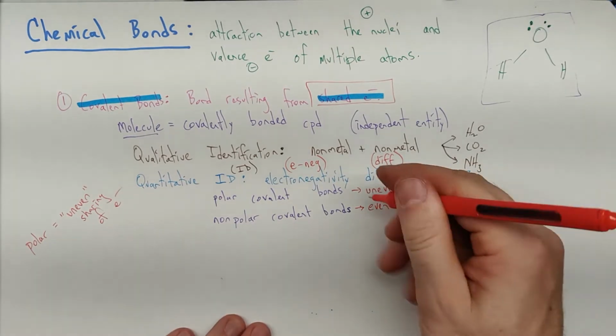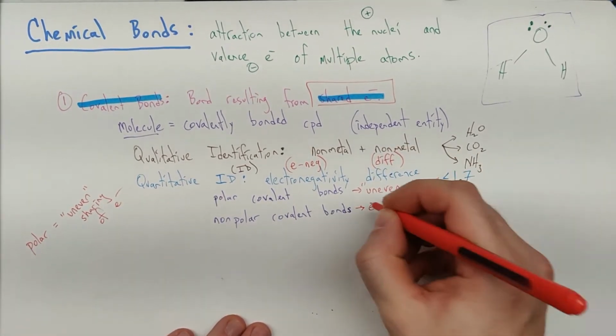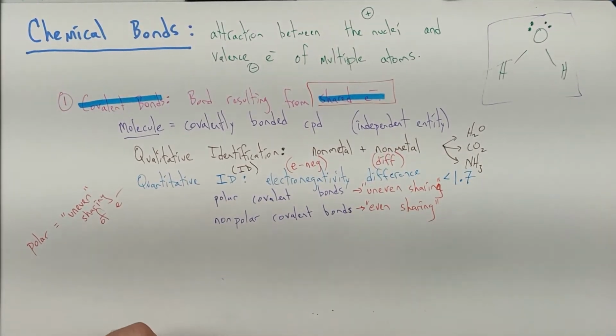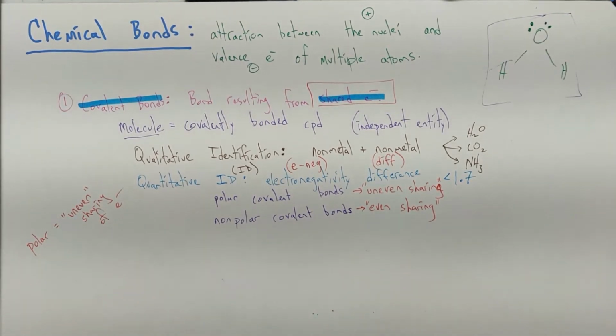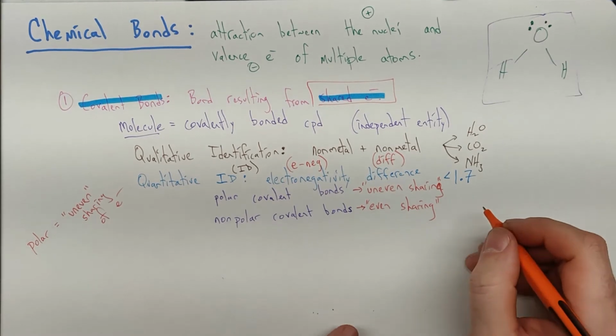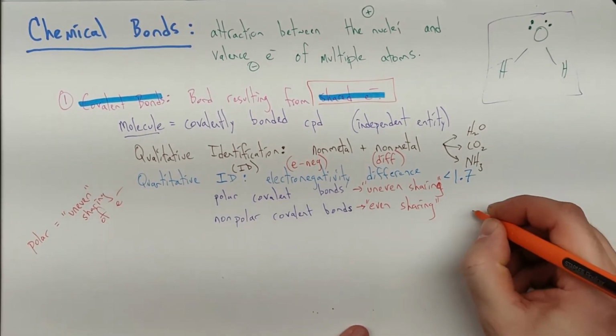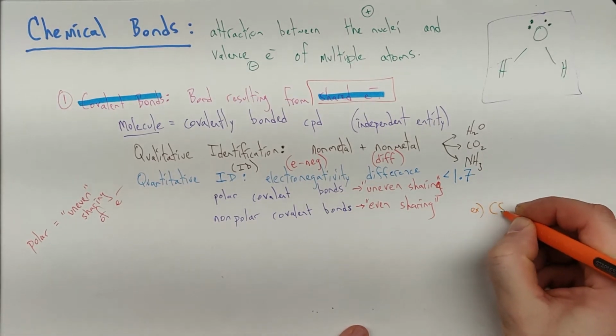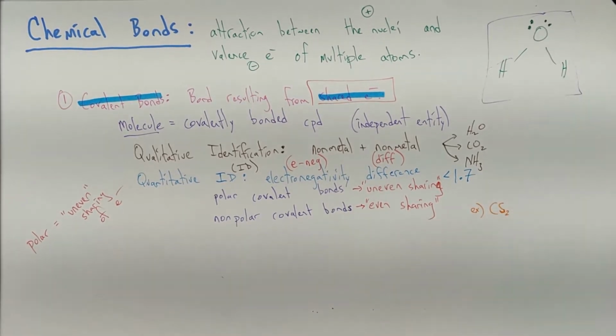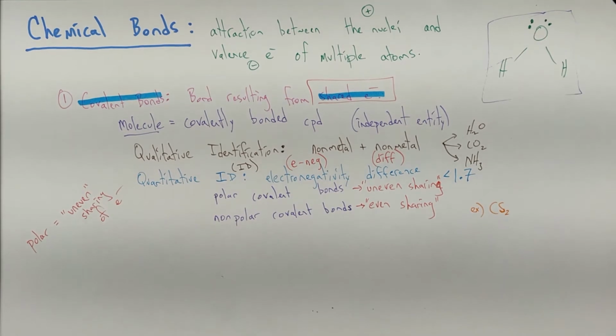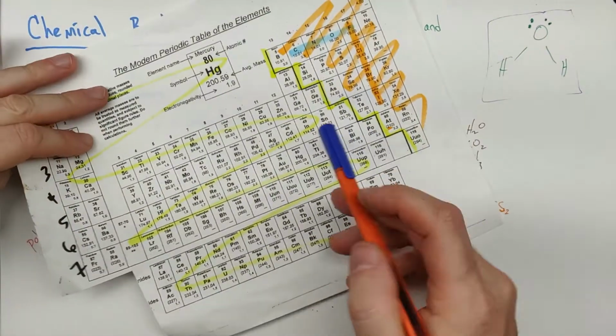All right, and this bond resulting from whatever. You don't need me to write all those words. This is just kind of a basic idea behind that. And as I said, it's a tug of war. And if we look at something like CS2, carbon disulfide, we're looking for an electronegativity difference, and I always encourage you to use a periodic table that has electronegativity on it.